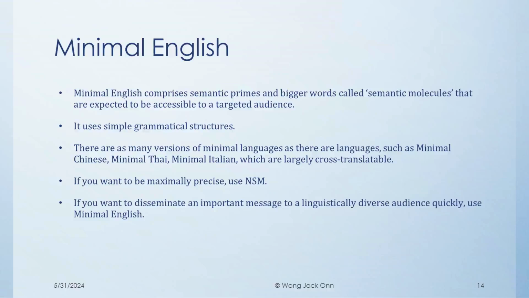There are as many versions of minimal languages as there are languages, such as Minimal Chinese, Minimal Thai, Minimal Italian, which are largely cross-translatable. If you want to be maximally precise, use NSM. However, if you want to disseminate an important message to a linguistically diverse audience quickly, use Minimal English.